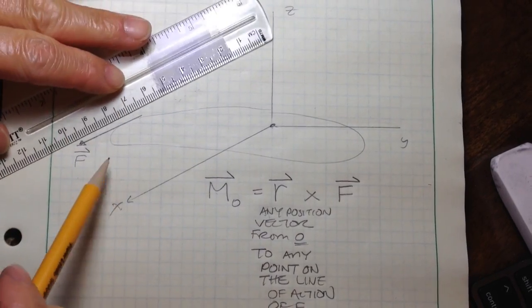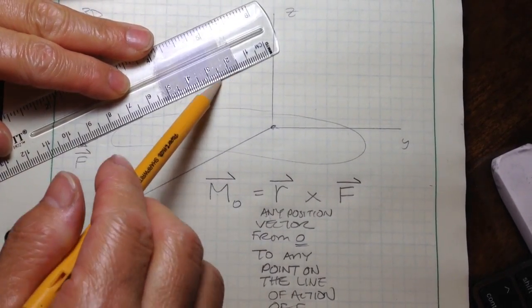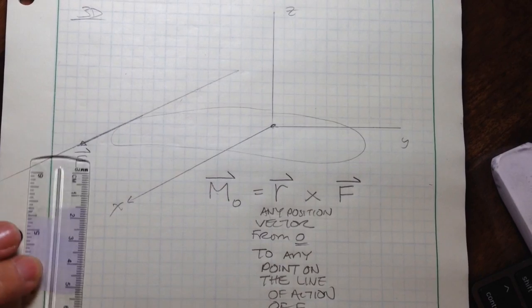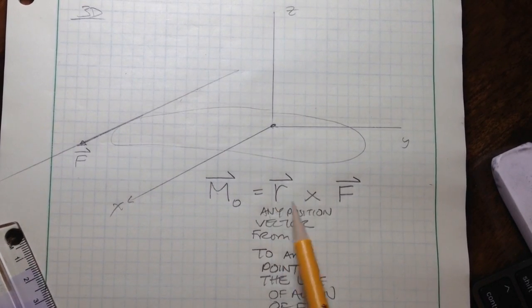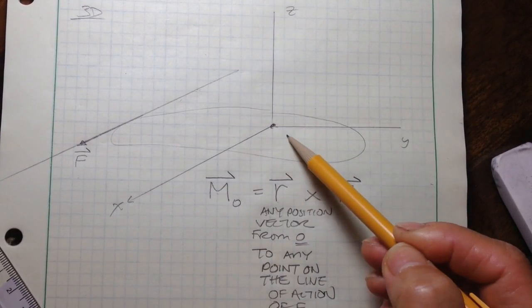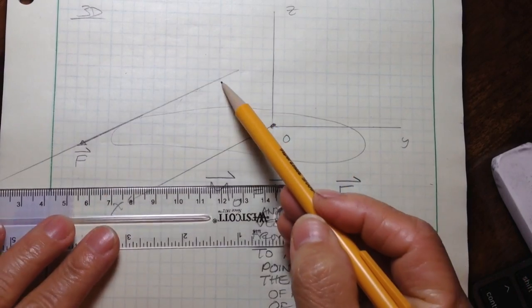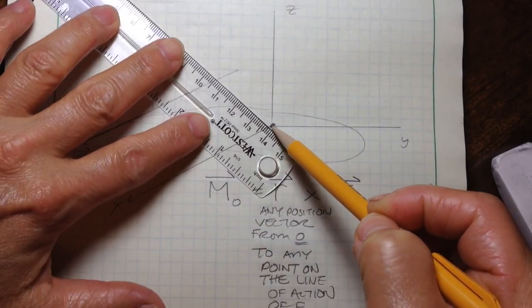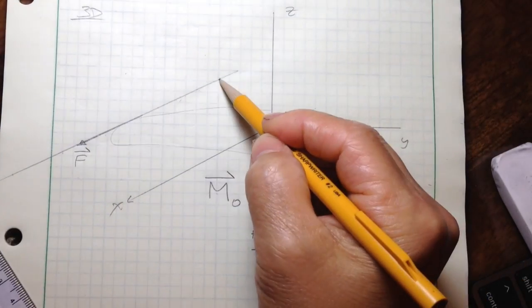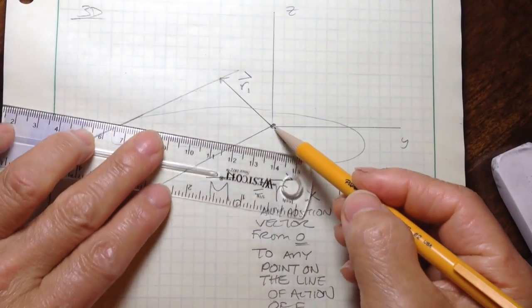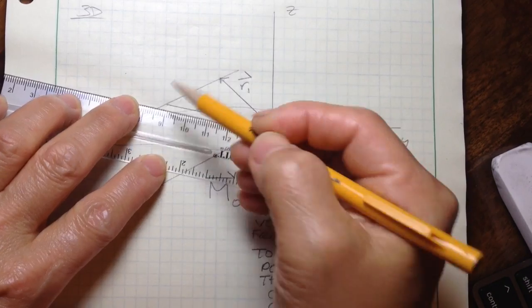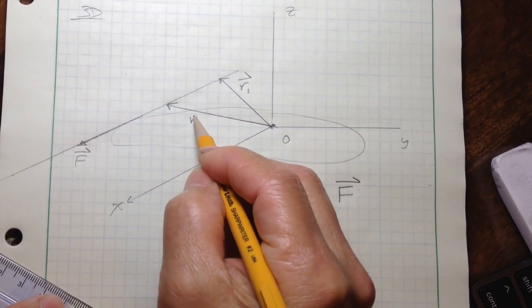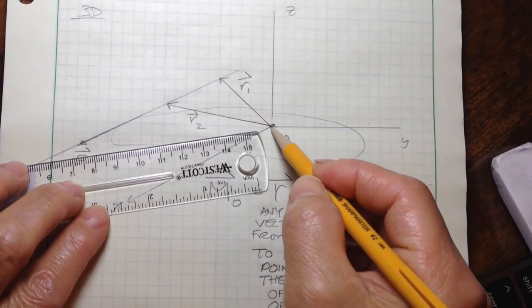So I draw my line of action for F, and I can draw any position vector now from this point O to any point along here. So I could say it's that, or I could even say it's that. There's an infinite number of possibilities on this position vector.